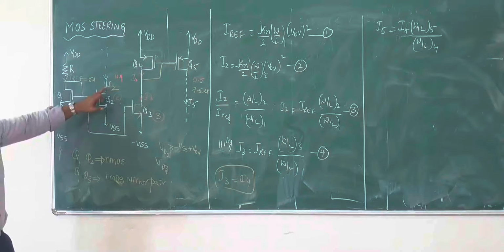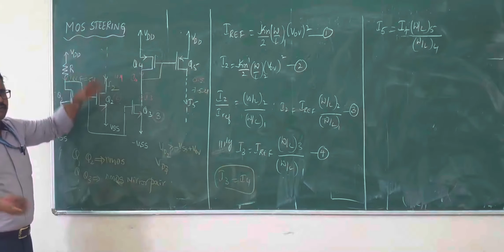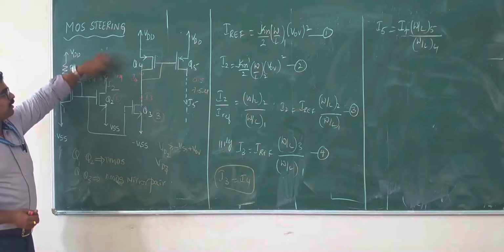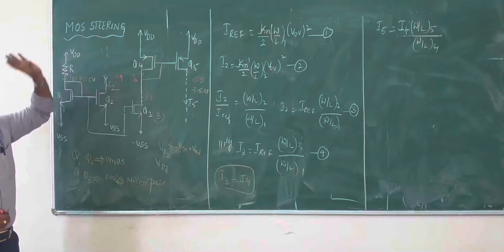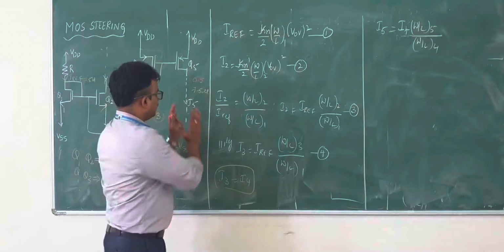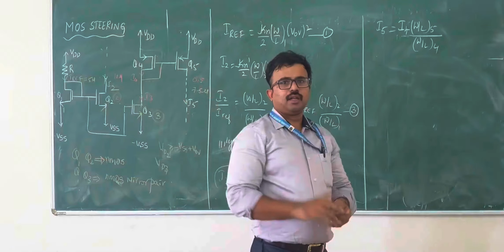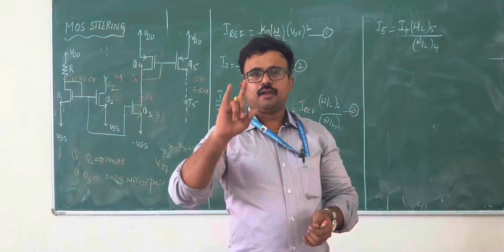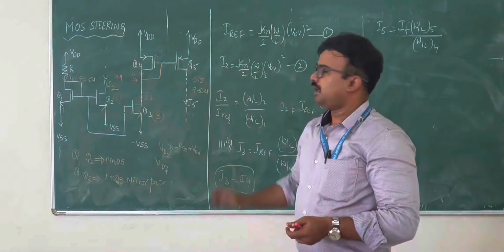Similarly I2, in the larger perspective, can be called the current coming from a different part of the circuit. I2 current can be called a sink, I5 current can be called a source, because this I5 can be given to another part of the circuit. Lastly, the circuit provides a stable bias point, so therefore we make use of the current mirror.